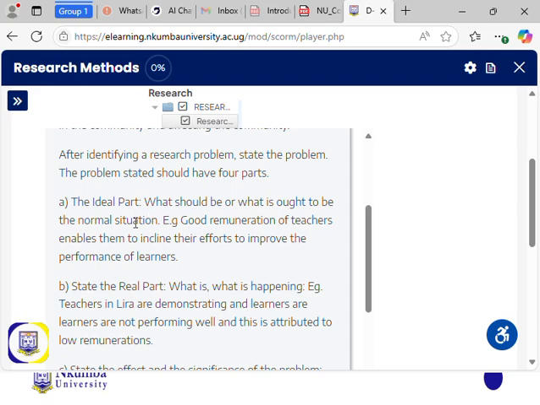For example, if you say, what's the normal temperature of a person? 37 degrees Celsius. That is what should be. It's the ideal, the expected. Now, when we test, you come and we test your temperature and find it at 40 degrees Celsius.